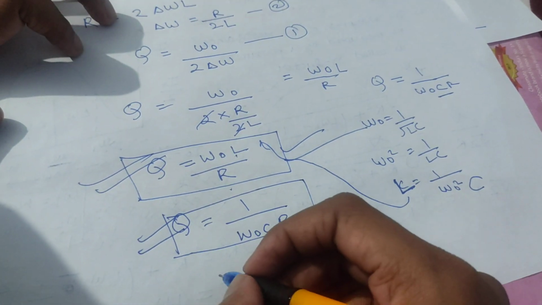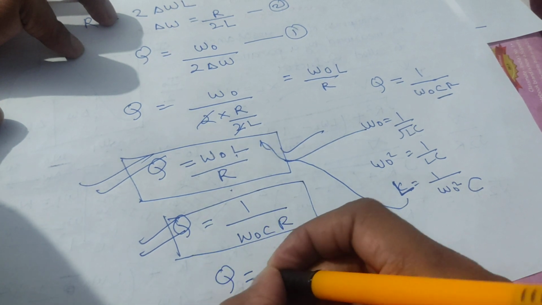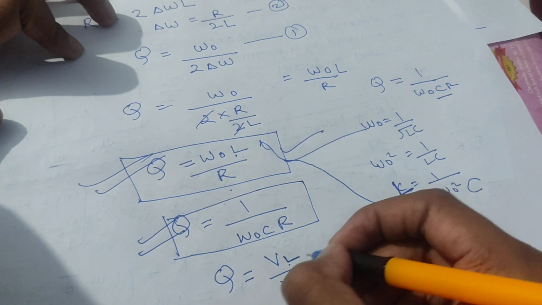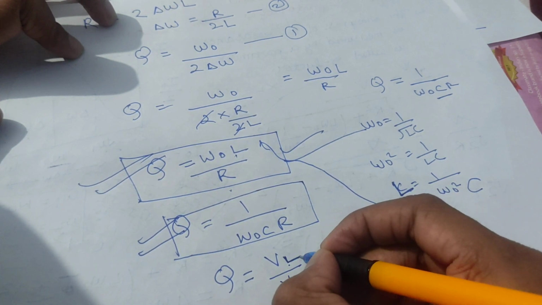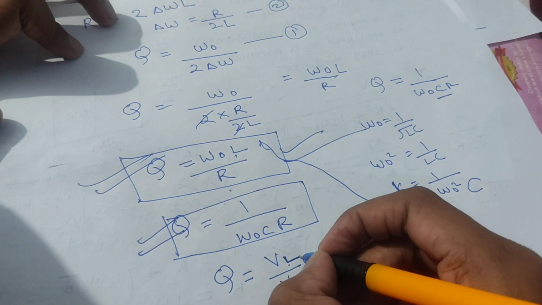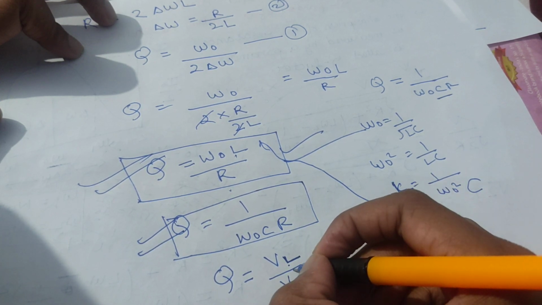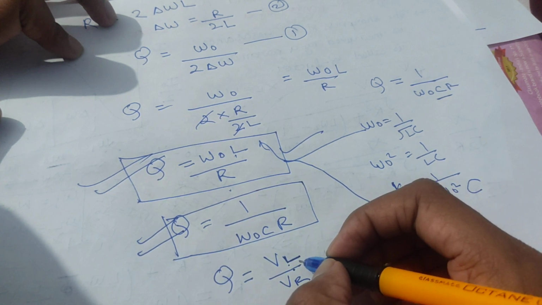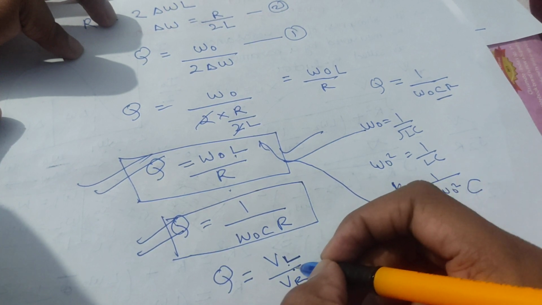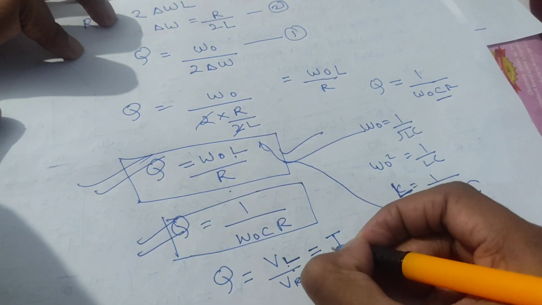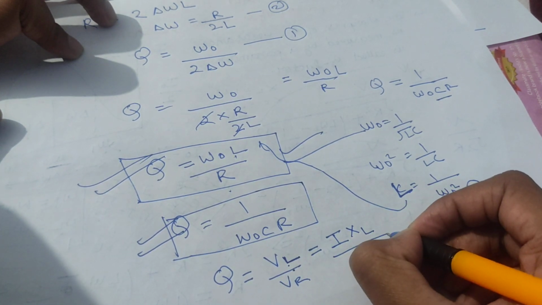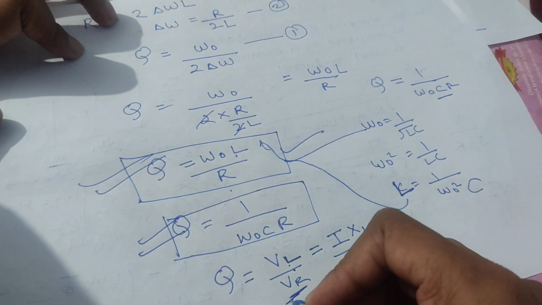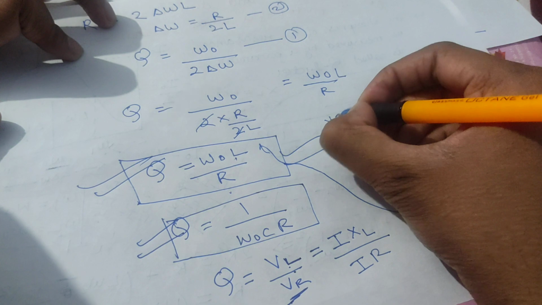Another form we can write is Q is equal to VL by VR. What is VL? It is not an impedance, it is the inductive voltage, so it will be I XL, and VR will be I R. It is simple Ohm's law, V is equal to IR.